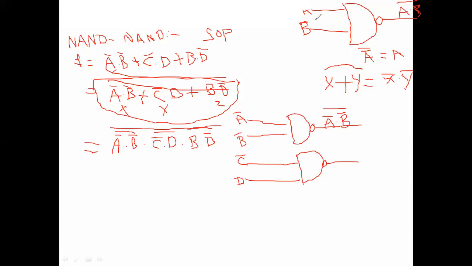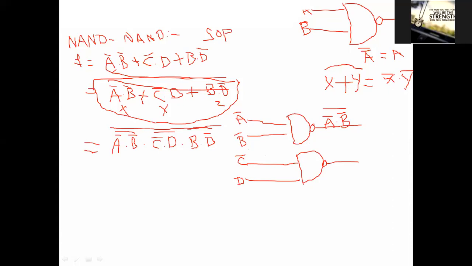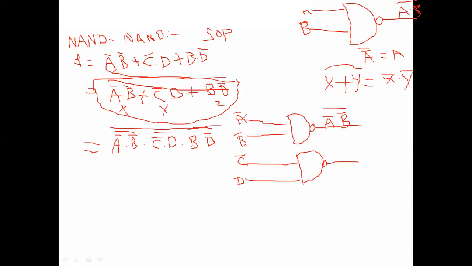A and B are two inputs means first input dot second input whole bar. Like that here also A bar, B bar are inputs, so the first input dot second input whole bar. Like this here also C bar is one input, D is another input, so the first input is C bar dot, the second input is D whole bar.